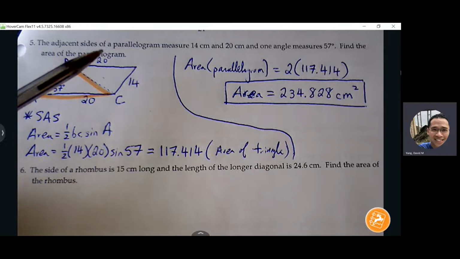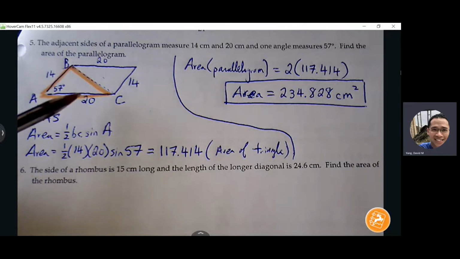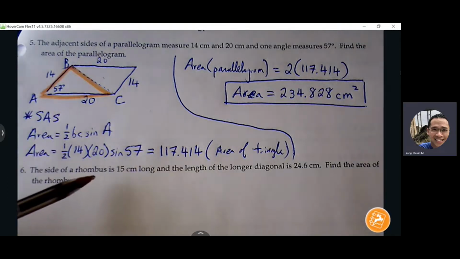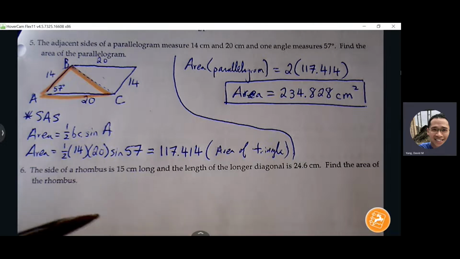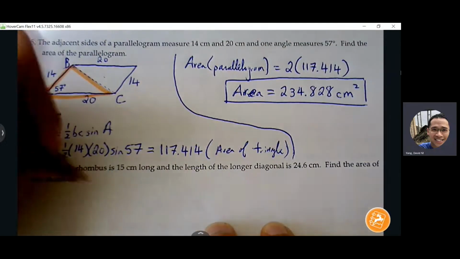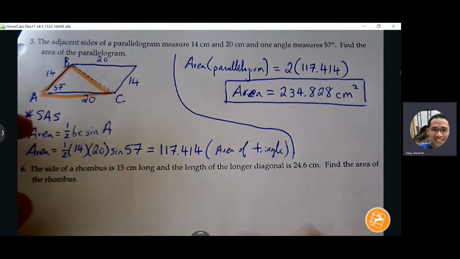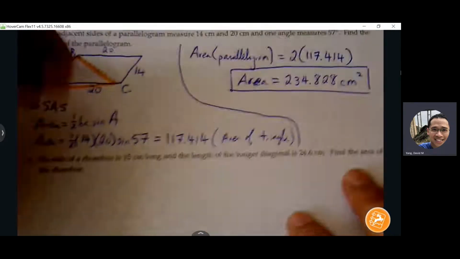So if a parallelogram is a rectangle on a slant, then a rhombus is a square on a slant. The difference between a rhombus and a parallelogram is that a rhombus has all the side lengths the same.